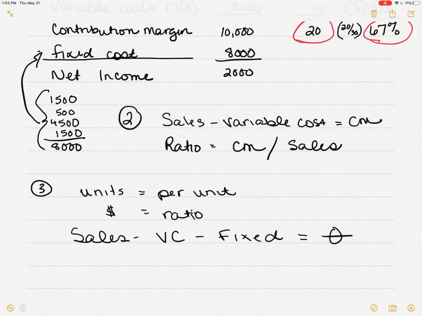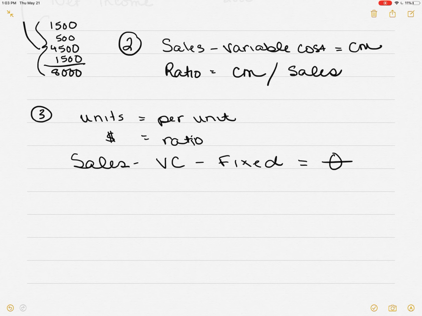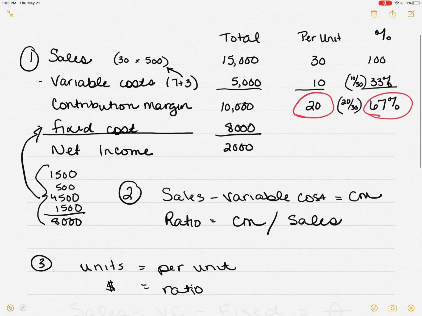Now, based on the information that's given to you, this may be difficult to do. So there's some shortcuts. If I look back to my formula here, if this was set to 0, that's my break-even point, right? That means that my contribution margin would have to equal my fixed cost in order for that to be 0.